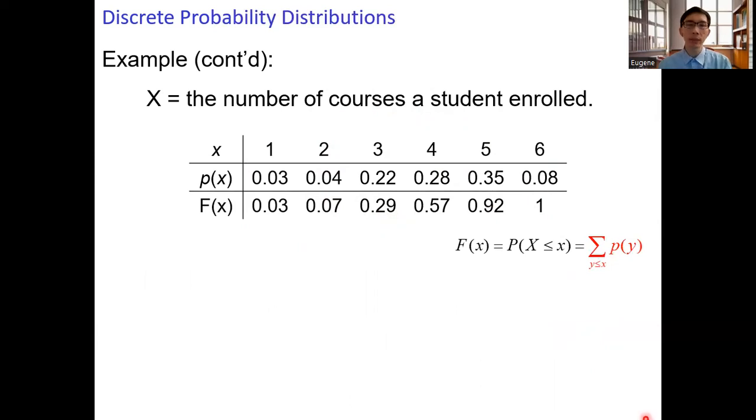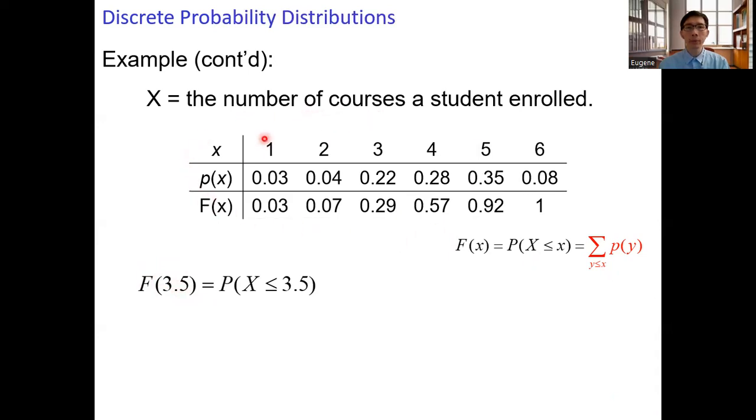Let's get back to the definition of the CDF of X. The CDF of X equals the probability that the random variable is less than or equal to X. So we sum up all the values of P of Y, where Y is less than or equal to X. What if we want to evaluate the CDF of X where X is not an integer?